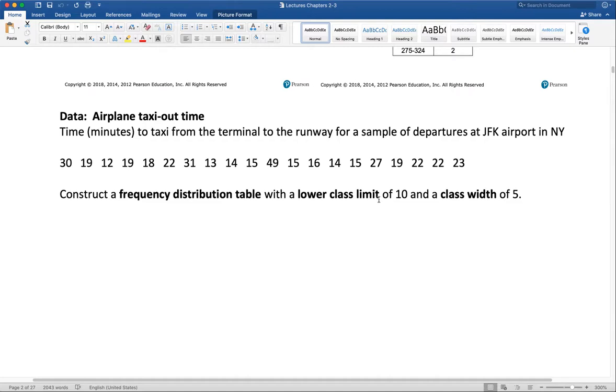Let me just draw the frequency table first, and then use a calculator to figure out the frequency for each class. You can do it by hand.